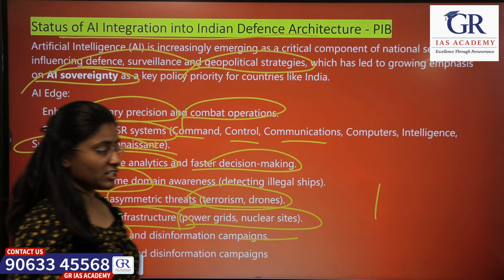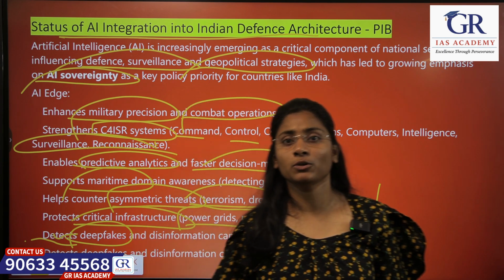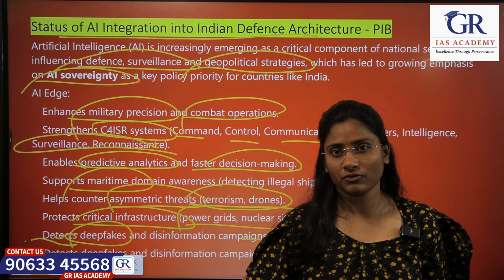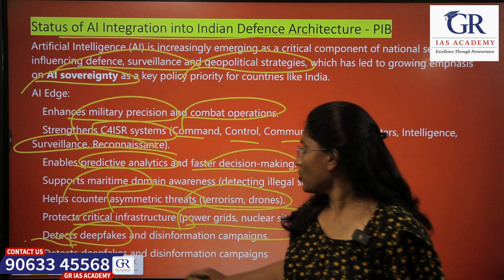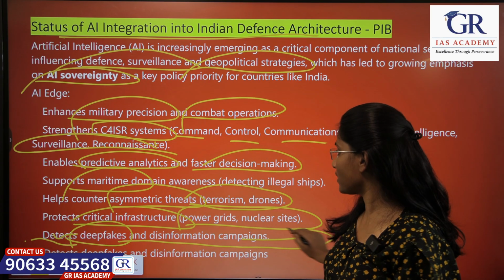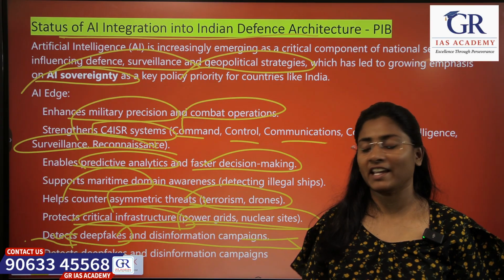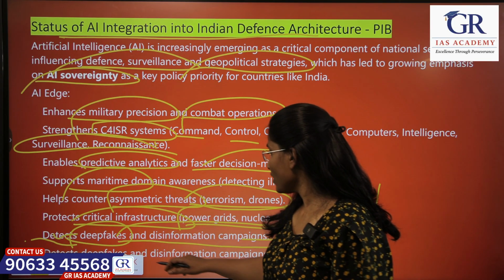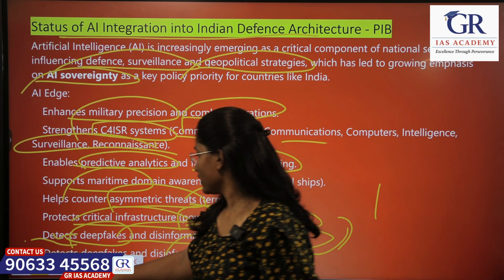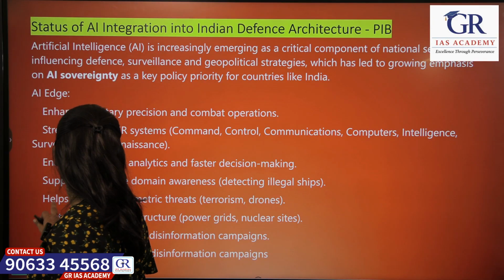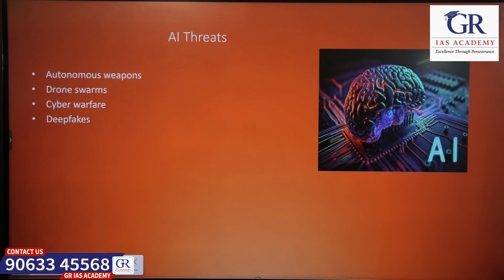Especially deep fakes. Deep fakes are very prevalent now. We don't know which is true, which is not. So in order to contain deep fakes, we want to take an edge in AI, and we want to detect and control the disinformation created by AI.